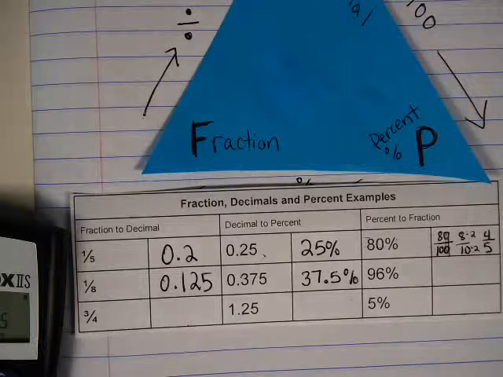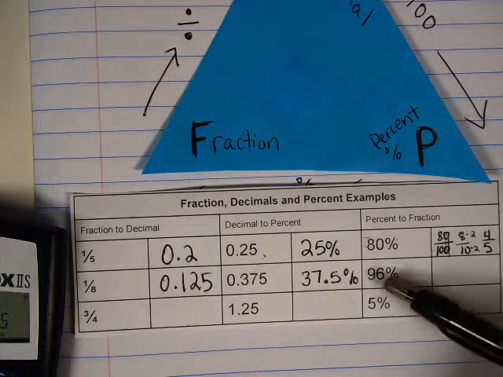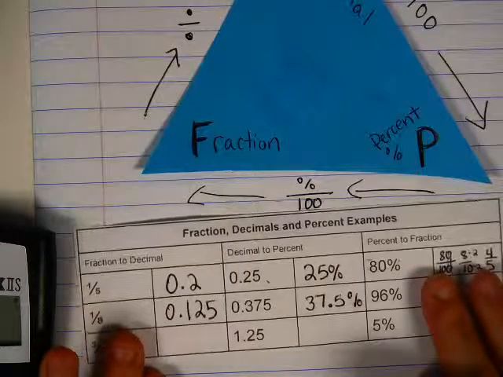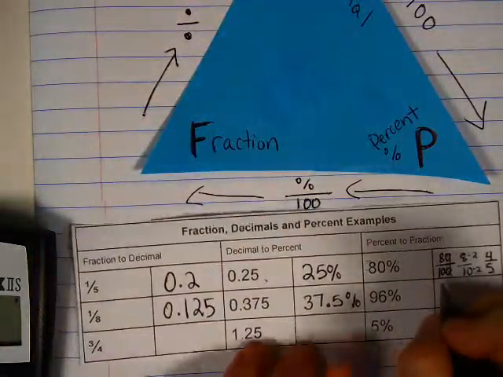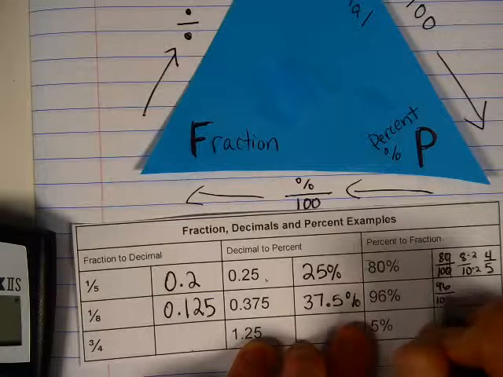Now, we're going to do 96%. Again, if we follow our rule, it is percent over 100. So 96 over 100.